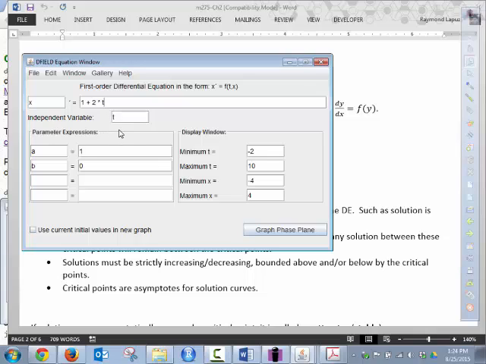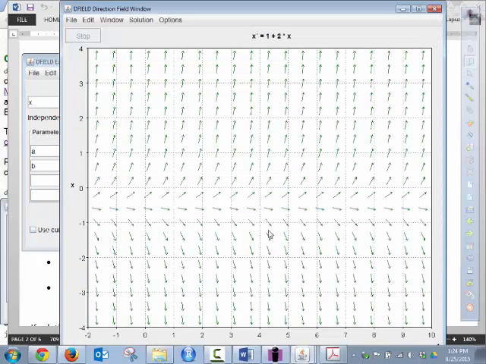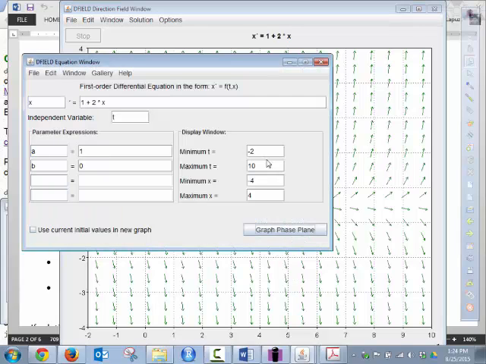Oh, yeah. So this should be x. Let me change this window since I'm trying to make a point. I'm going to change the window to just go from -2 to 2 in my x.